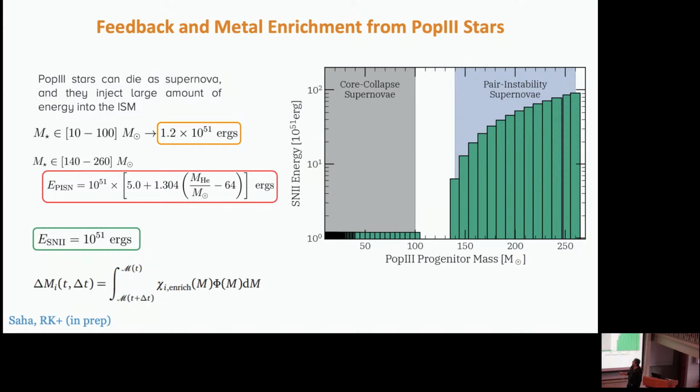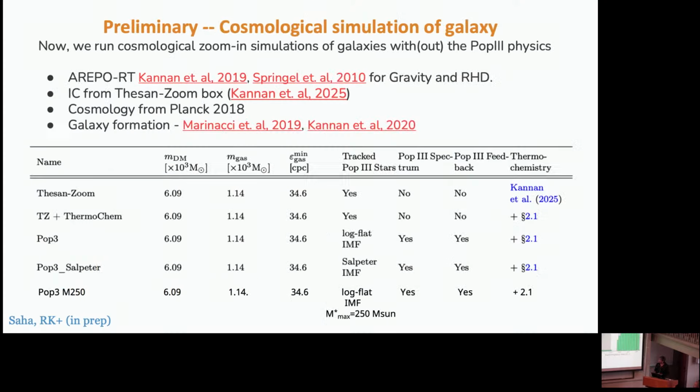So we include that as well. From 0 to 100, we assume a normal 10^51 ergs injected. From 100 to 140, I think models tell us that these won't explode, they just form black holes, so we don't inject any energy. And from 140 to 260, we use this relation to inject the energy from pair instability supernovae.